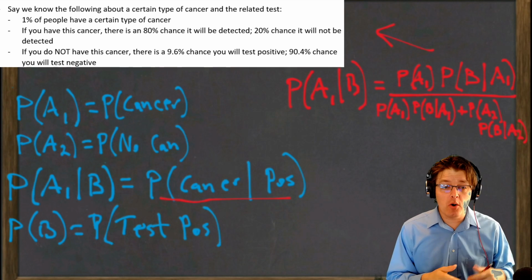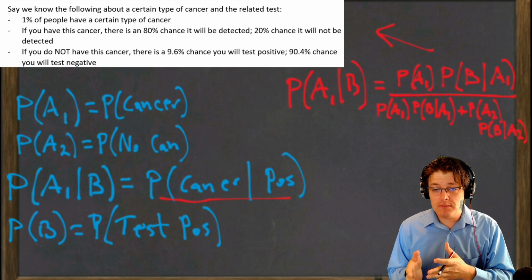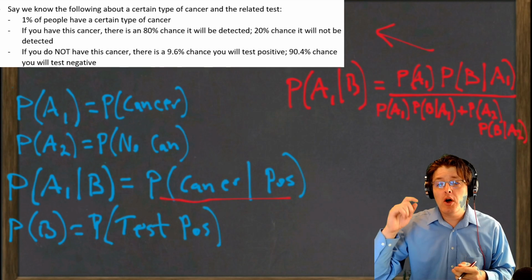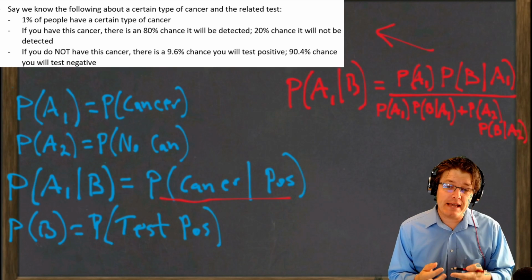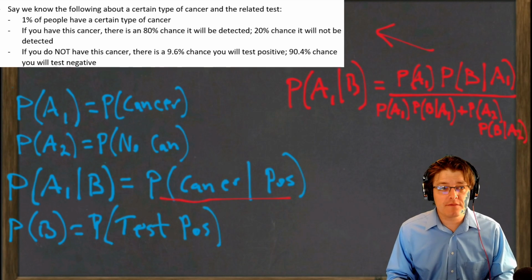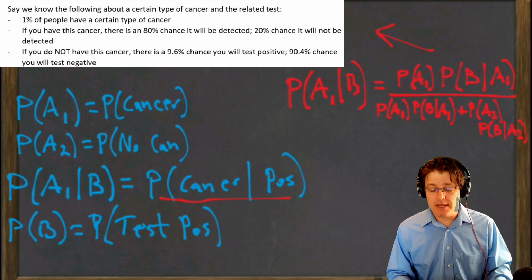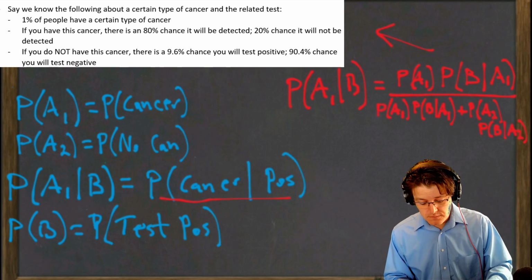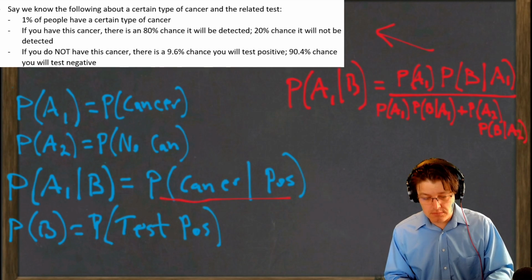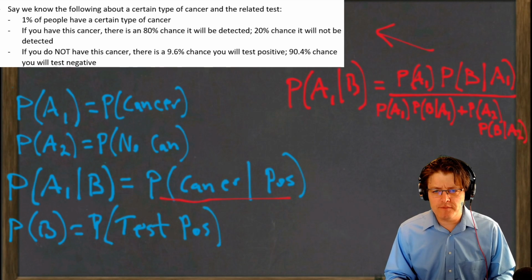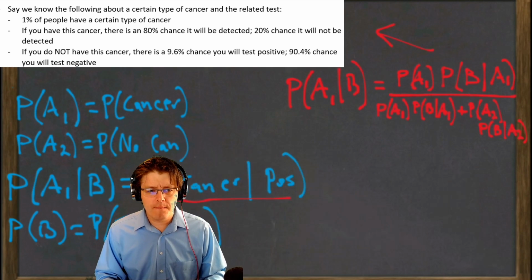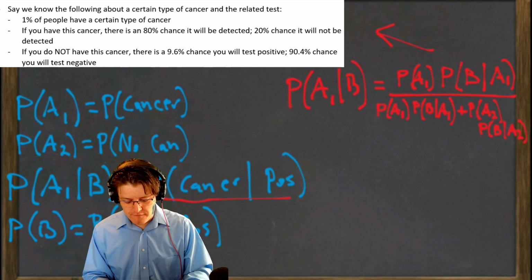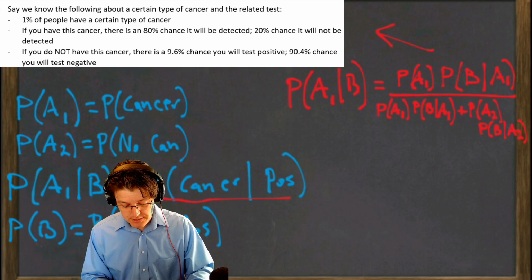So we do not know the probability of cancer given a positive test, but we do know things like, if you have cancer, what's the chance that you test positive? That is an 80% chance. So, things we need to find out. Let me change colors to make sure we can see.